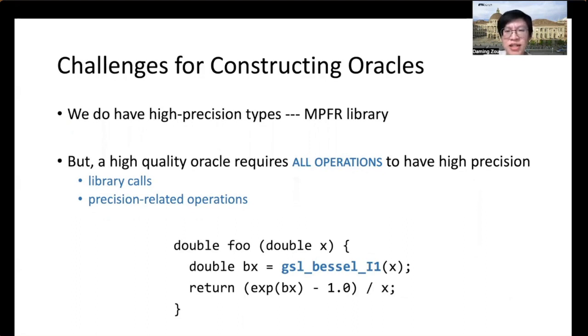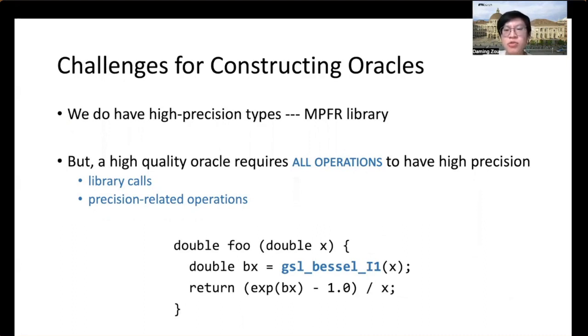However, high precision types do not guarantee high precision results, or we say high quality oracle, because an oracle requires all operations, not just the types, to have higher precision. Library calls and precision-related operations prevent us from getting oracle easily.